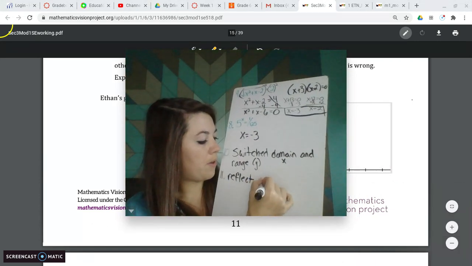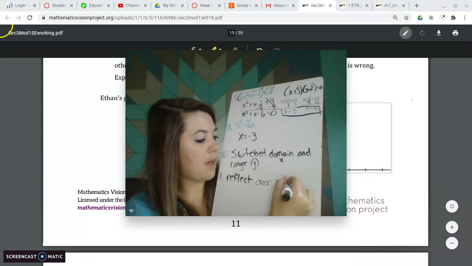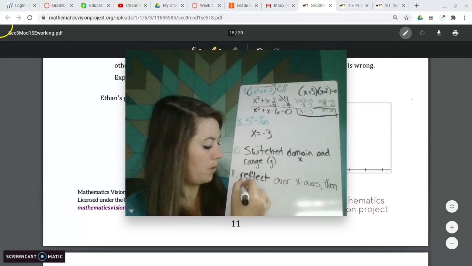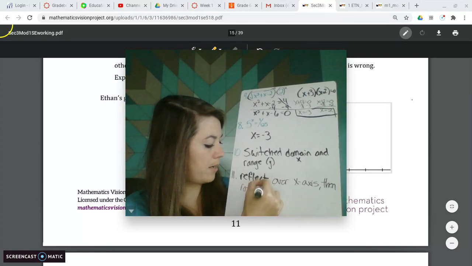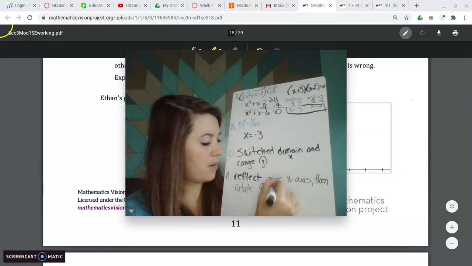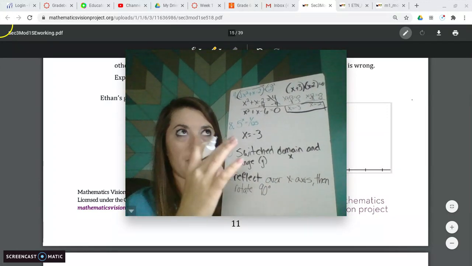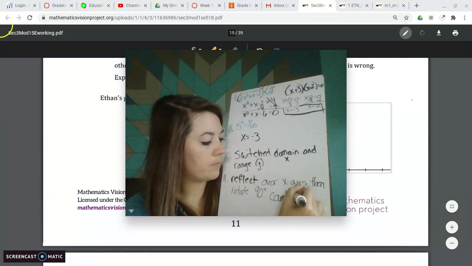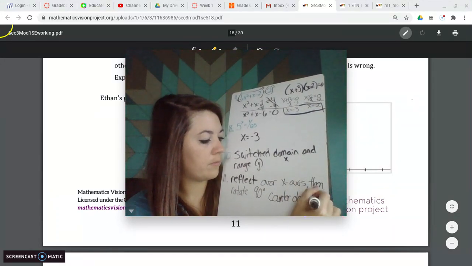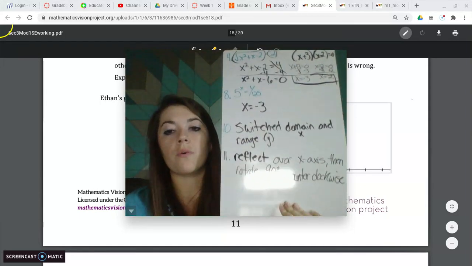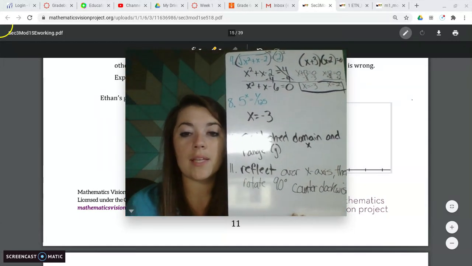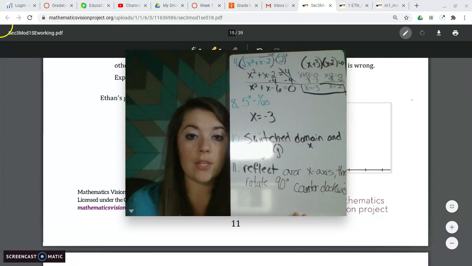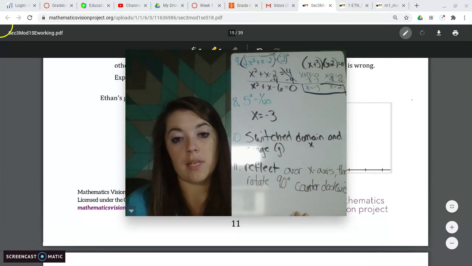Reflect over x-axis, then rotate 90 degrees. Let's see, we're going this way, so counterclockwise. So this is one possibility for how we can use a sequence of transformations to get Ethan's data to where Emma's data is.